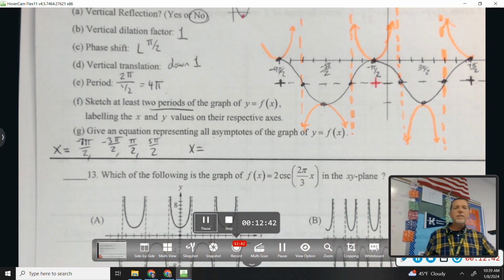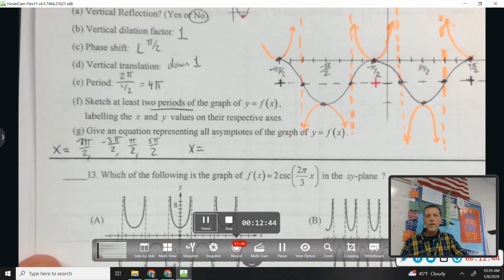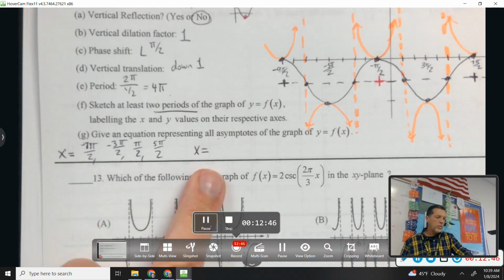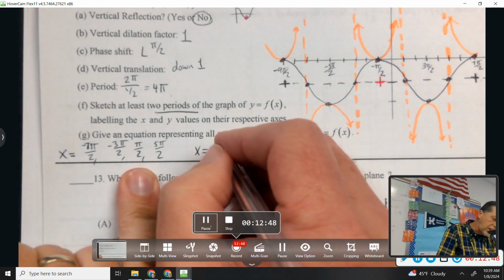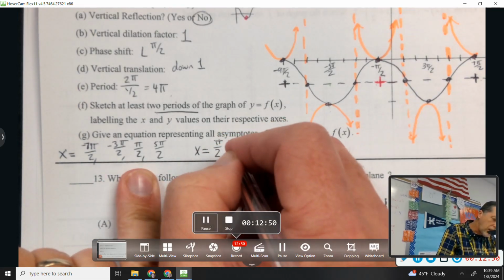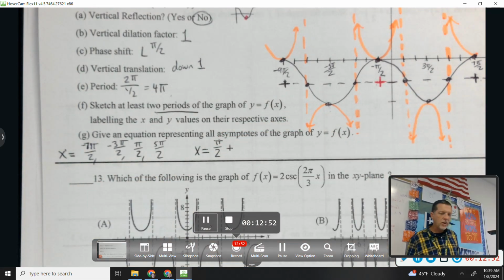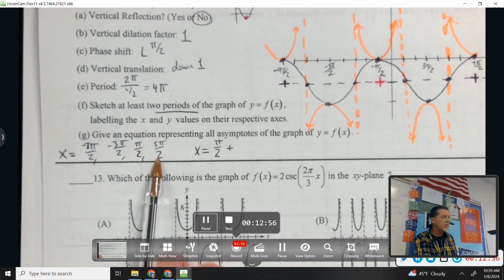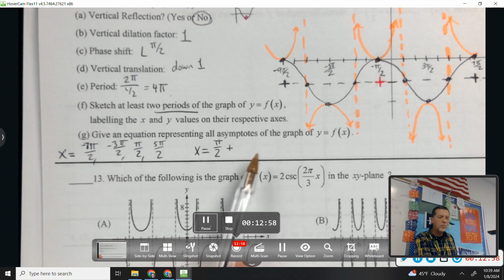So x equals, you can start with any of them, so pi over 2 seems like an easy one to start with. And then how far apart are each of those? 2 pi. That's fine, that's accurate.